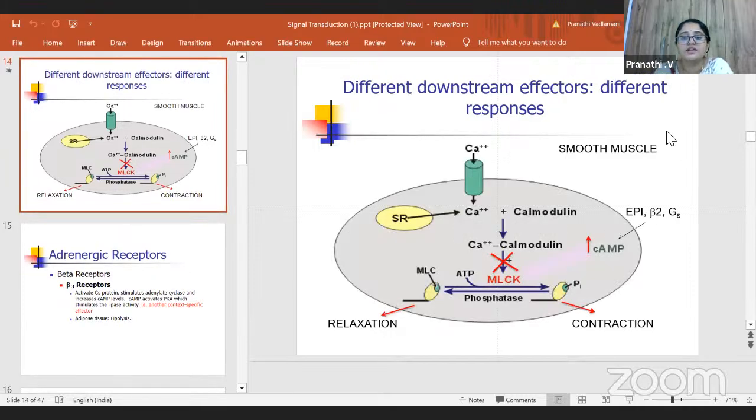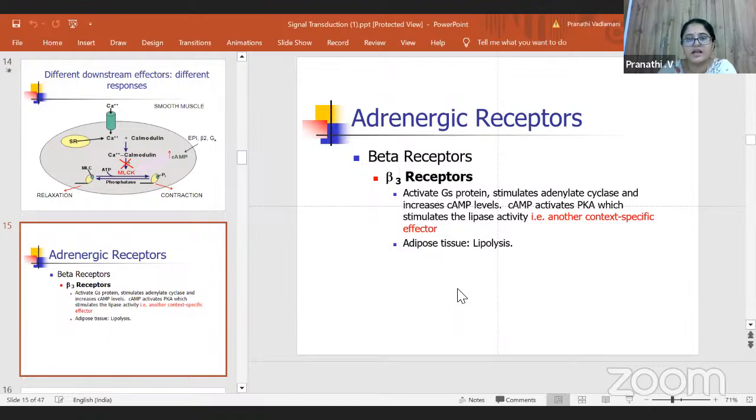And for downstream effectors, calcium acts on the calmodulin pathway. Calcium in the smooth muscle, when calcium calmodulin is present, goes and acts upon MLC, which causes contraction. If this calcium calmodulin is not there anymore, then the muscle is going to be relaxed.